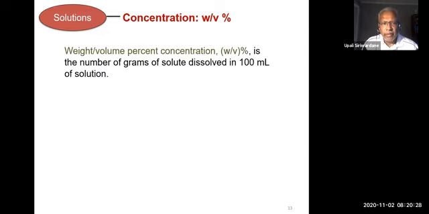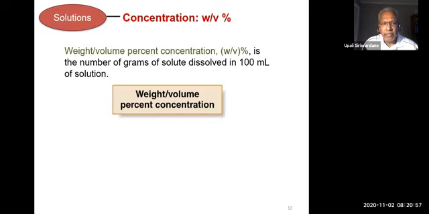Weight by volume percent concentration, given as W/V percentage, is the grams of solute dissolved in 100 milliliters of solution. That's a common unit in which solubility is shown. This is called weight/volume percent concentration.